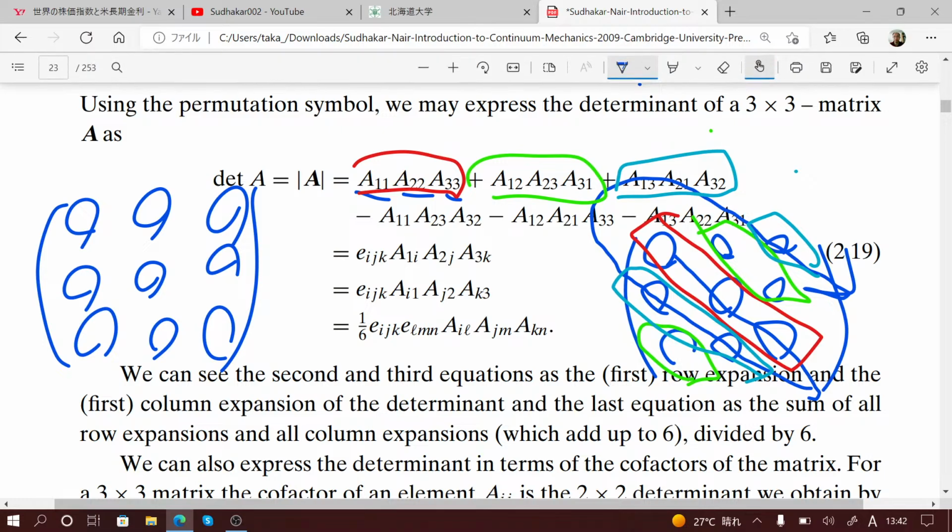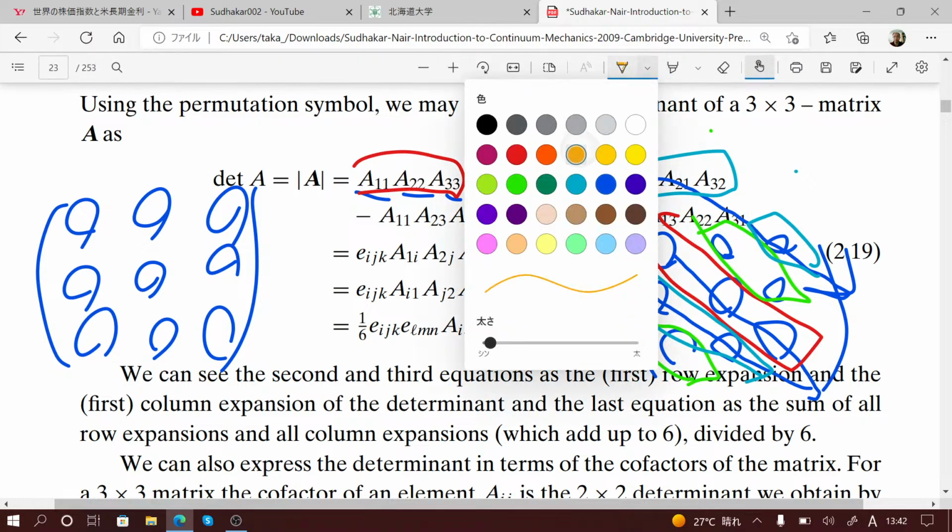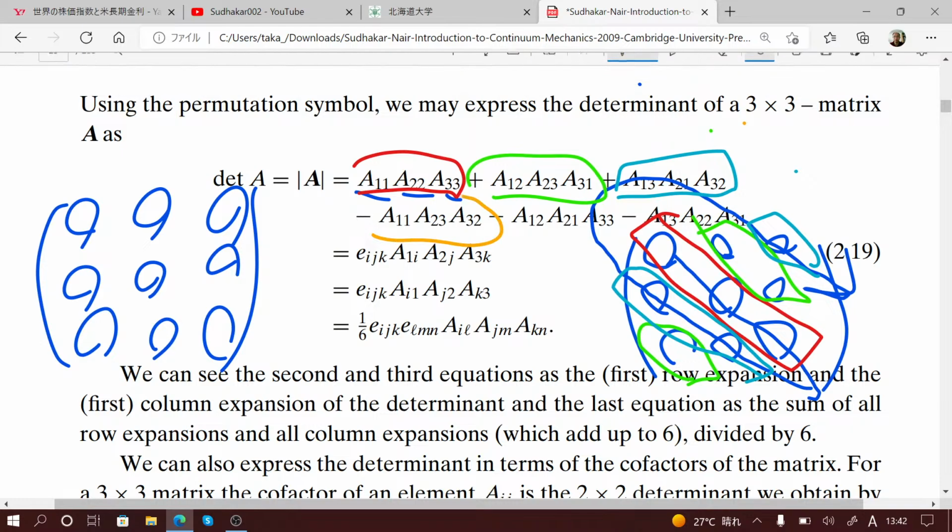Let me use orange. The better one is 1 3, 2 2, 3 1. So I use this one.